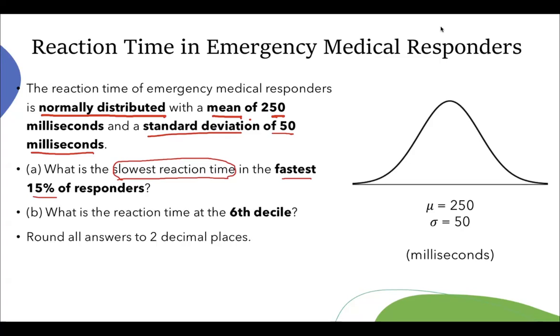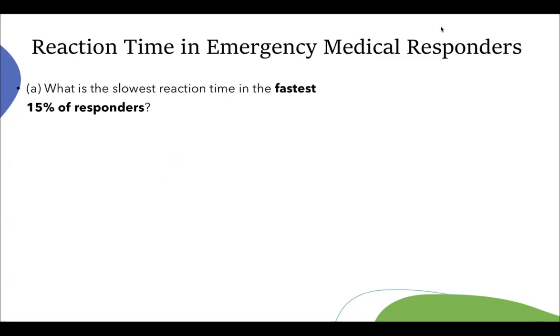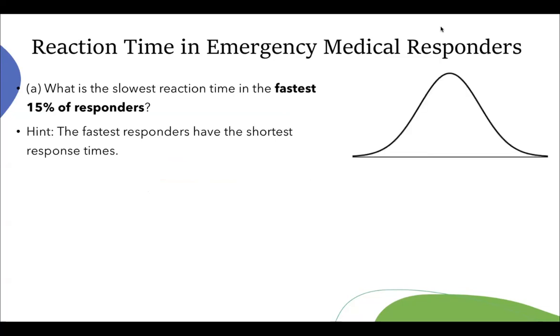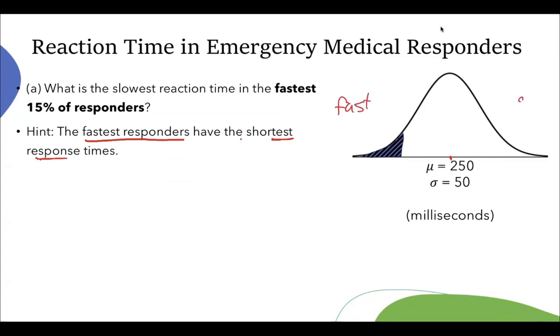I think we may need to distinguish here. Let's make the bell curve. When you're dealing with response time, fast responders have the shortest response times. So the fast response times are on the left side, and these are the slower response times.